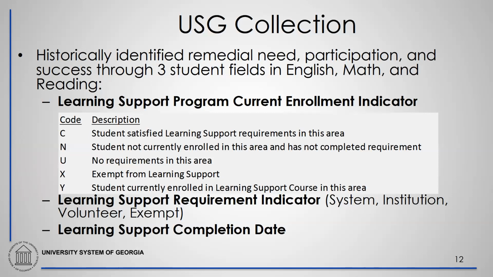I feel like if you expanded this learning support program current enrollment indicator to have further codes about the type of remediation, you could disaggregate that Y code, the student currently enrolled in a learning support course, and have W, Y, Z, etc. Z could be student currently enrolled in a co-requisite learning support course in this area, and maybe Y is a non-co-requisite model, if your system is in the process of transitioning to being at 100% co-requisite. So that's how we used to do it, using student indicators as opposed to course indicators, even though our data did include some course indicators as well.